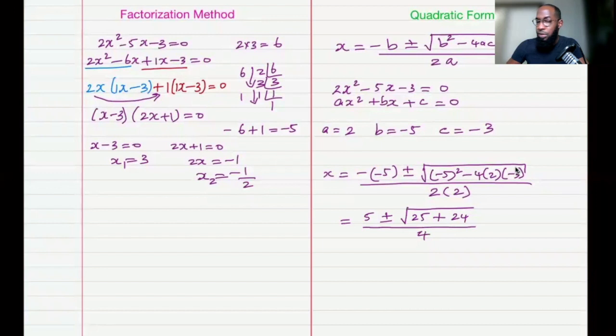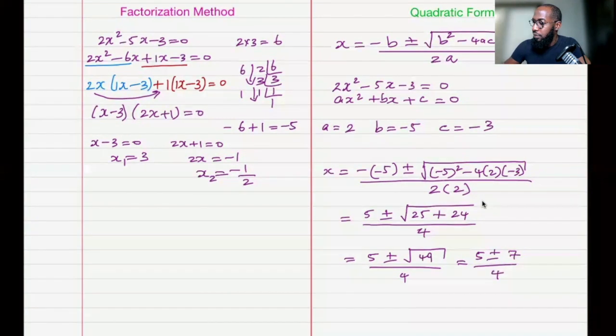Two times 2 is 4. So we have 5 plus or minus the square root of 49 divided by 4, which is equal to 5 plus or minus 7 over 4.